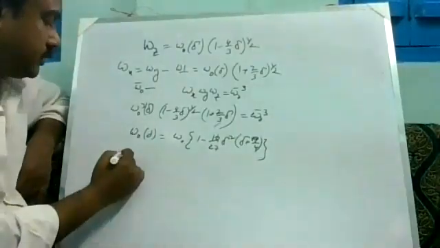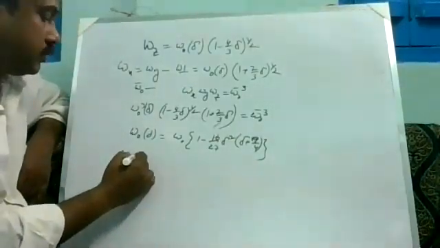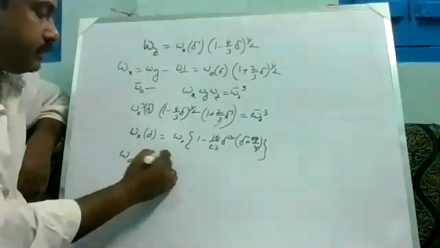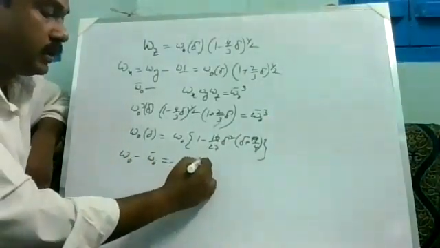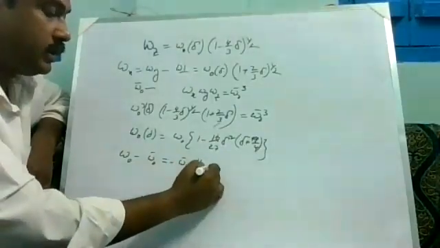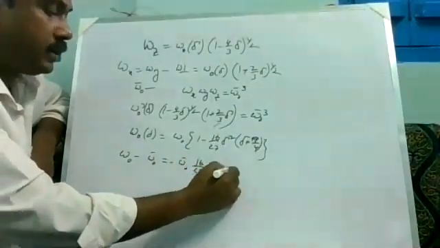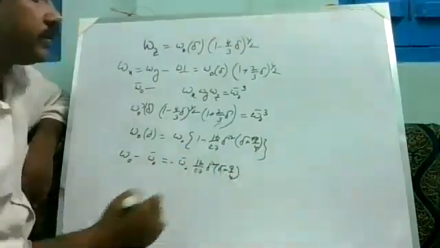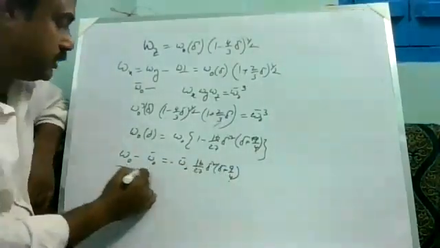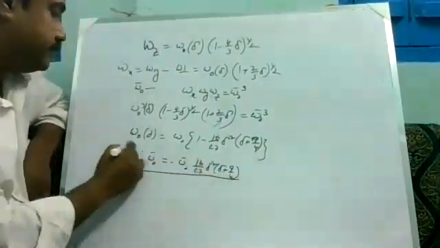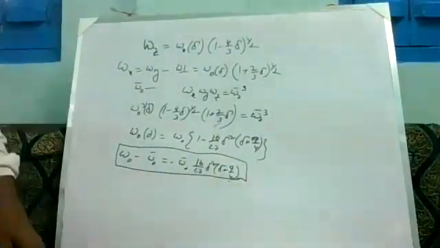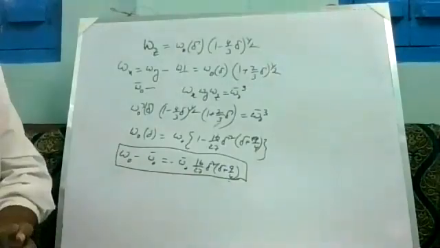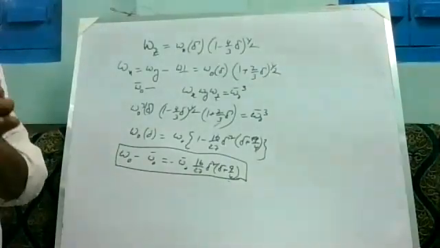From which we can write omega 0 minus omega 0 bar equals minus omega 0 bar 16 by 27 delta square over delta plus 9 by 4. So this is the difference from the angular frequency omega 0 to the mean angular frequency omega 0 bar.